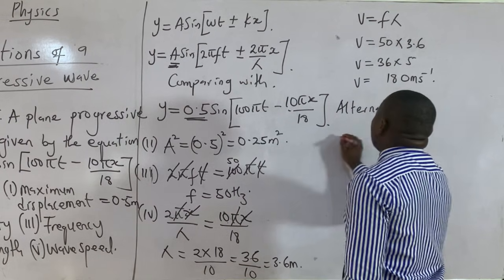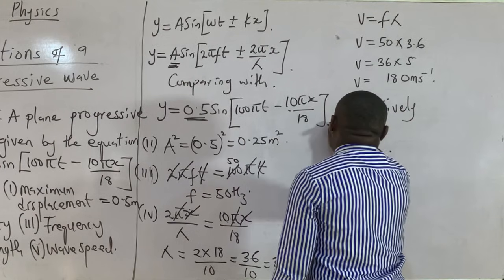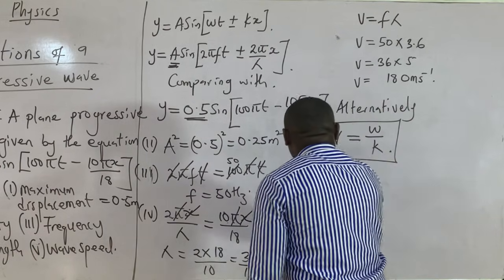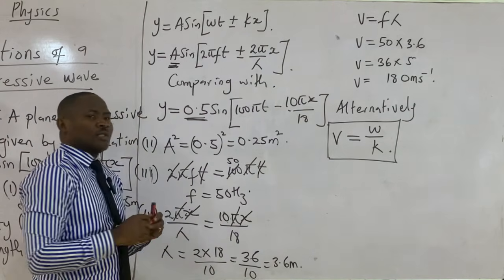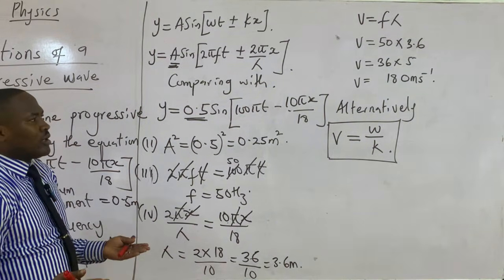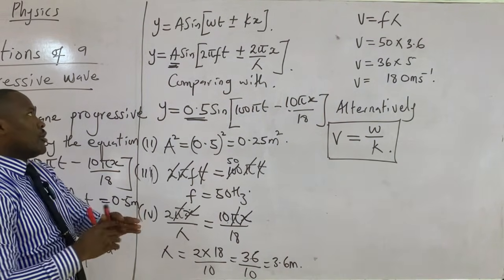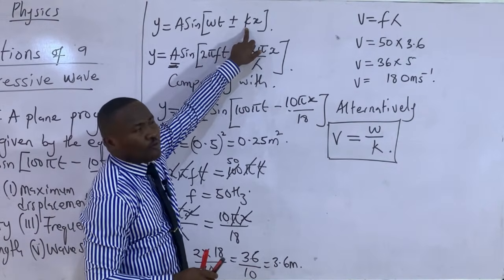Alternatively, I can say V is equal to w over k. Take note of this, very important. Wave speed is equal to angular frequency over wave number. Question, where is my angular frequency and where is my wave number? Remember, this is my angular frequency, this is my wave number.